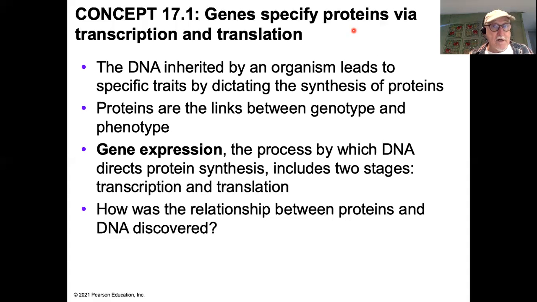DNA, however, also codes for RNA. Both of those types of molecules, polypeptide and RNA, can be produced from the code contained in DNA, and that unit, the code that produces a specific molecule, we refer to as a gene.